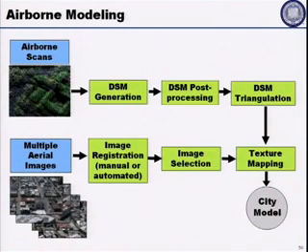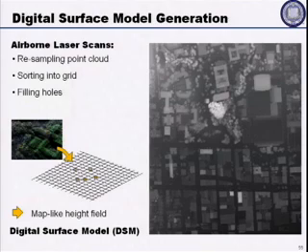So this is the flow diagram of our airborne processing. You start with the airborne scans. You do DSM generation, DSM post-processing, triangulation, and then image registration, selection, texture mapping. I'll go over each of these in just a second. So the airborne laser scans look something like this.